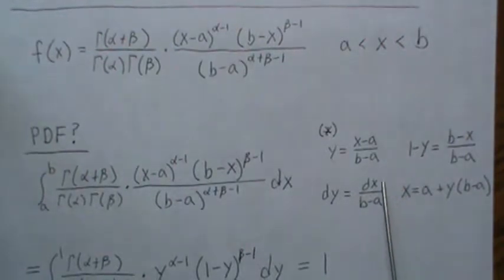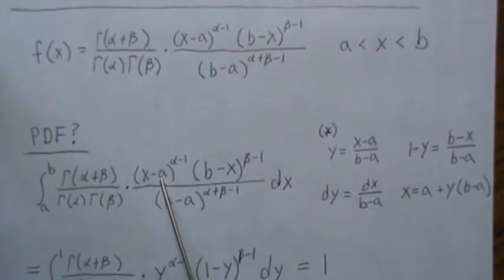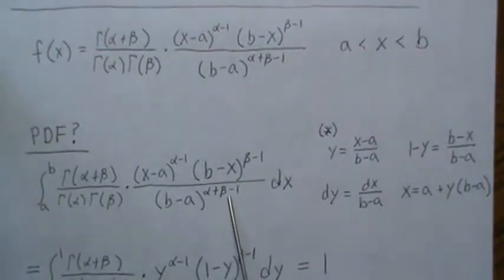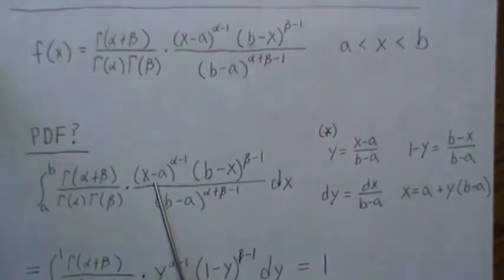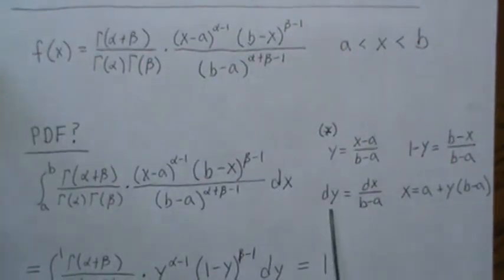And we need to do this because, well, later on you'll see. And so that's why I put an asterisk here. So if we take out alpha minus 1 of them, then we have x minus a over b minus a raised to the alpha minus 1. So that's this piece. And then the b minus a, there's beta left, so let's subtract one more and add one more. And the add one more we'll put with the dx, so we can have a dy.